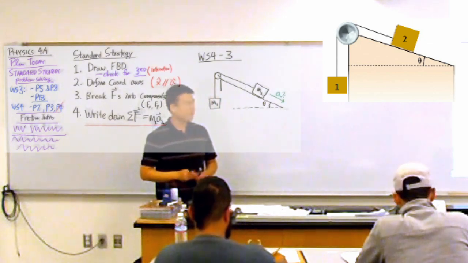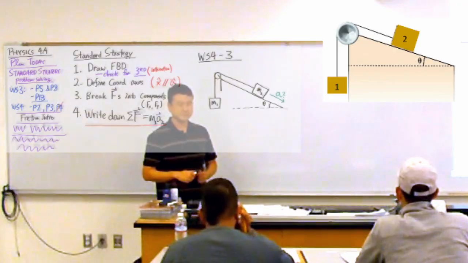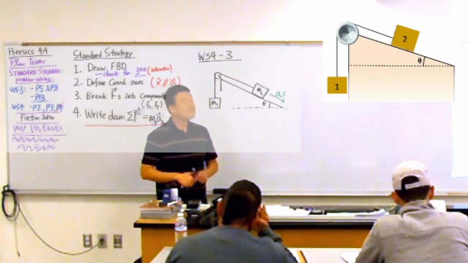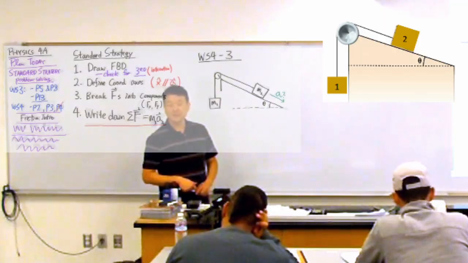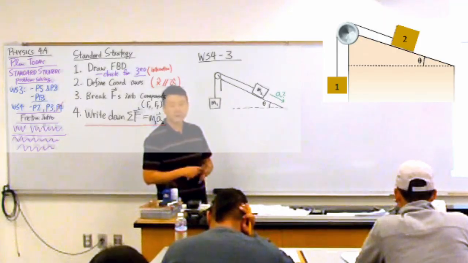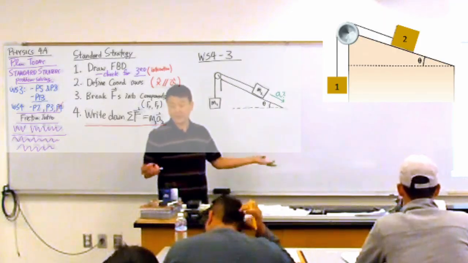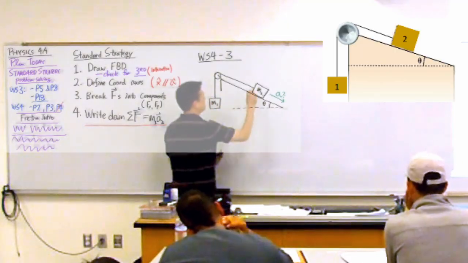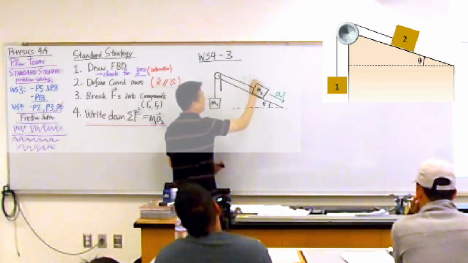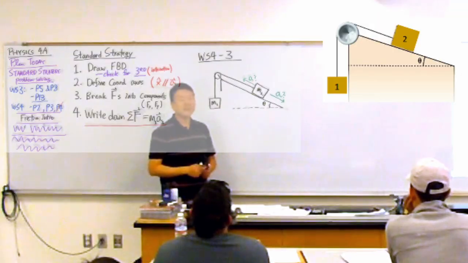Do you know the direction of acceleration? Not really. Even if they told you the masses, you wouldn't really have a sense right away what direction acceleration is, right? Is it acceleration down the hill or up the hill? I don't know. Let me give you some advice.